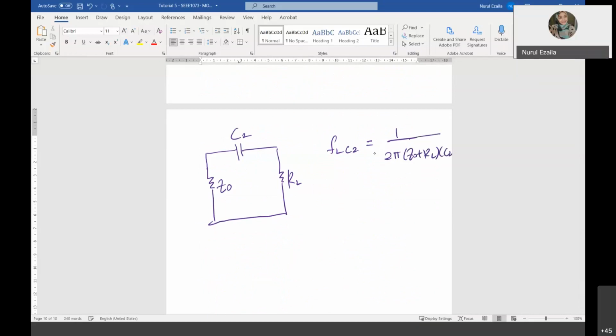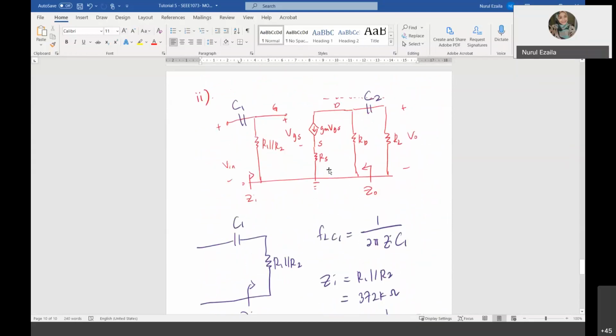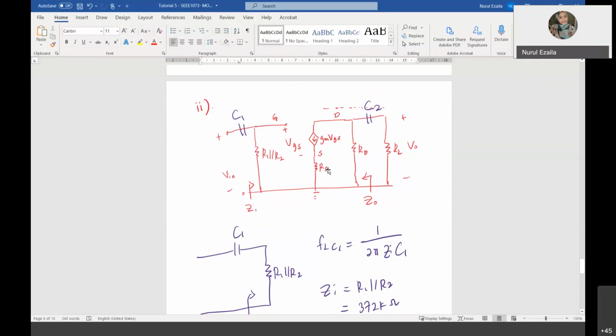My question is, what is Z out? If you refer back to the common emitter unbypassed, how do you find Z out? Do you still remember? By using what? Z test. Yes, by using Z test.